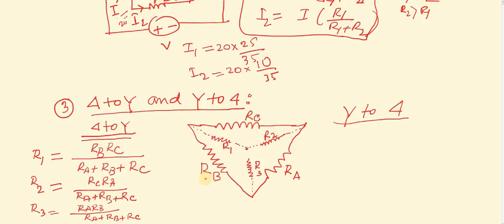In this network, what are the delta values? That is RA, RB and RC. And what are the star values? R1, R2, R3. That is known to you. You have to find the delta values, that is RA, RB and RC.